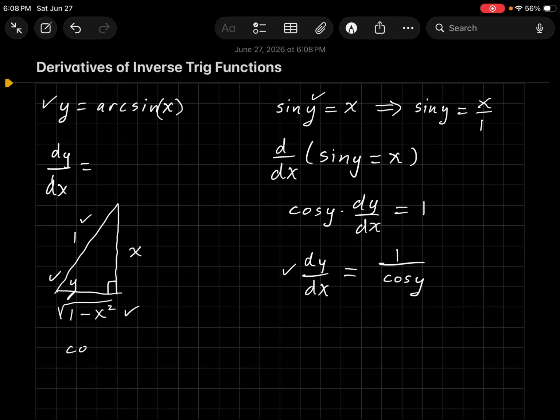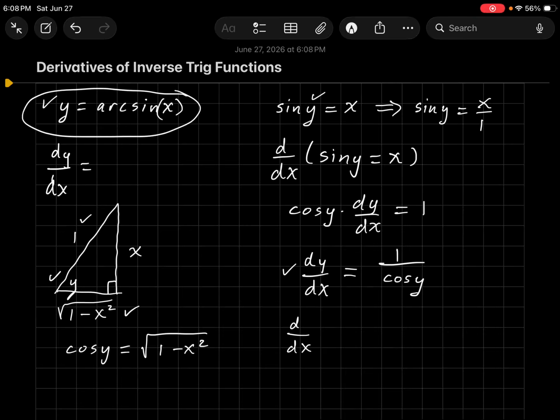So the cosine of y is root 1 minus x squared over 1, or simply root 1 minus x squared. So dy dx, recall this is the derivative of the arcsine of x, is 1 over the cosine of y, where cosine of y is root 1 minus x squared. And we get the derivative of the arcsine.